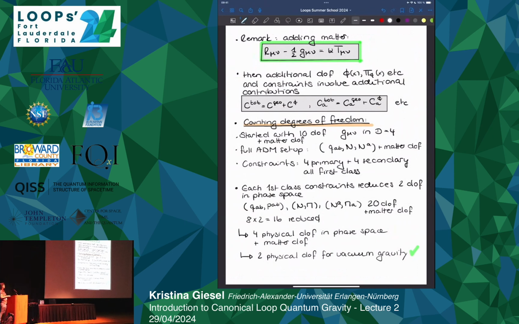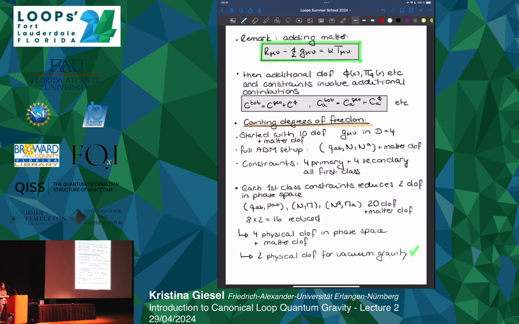So the same primary and secondary constraints get modified in the way that you have the contribution of general relativity, which I call C^GR here. But then depending on the matter, so I just introduced a scalar field here, but even if you have other matter, you will get additional contributions in the secondary constraints, which are caused by the coupled matter. Nevertheless, they satisfy the same hypersurface deformation algebra, so the stability is also ensured if you add matter.